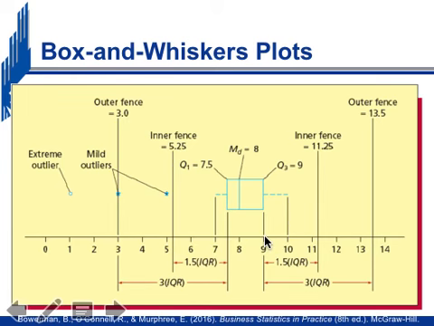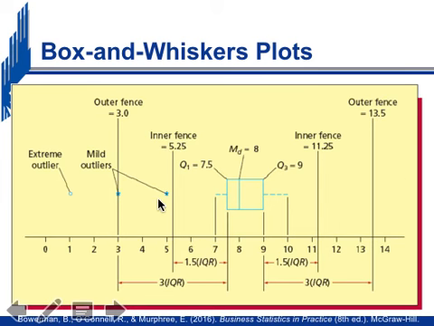While for the other side, the third quartile is 9, you will add 3 times the IQR or 4.5 to this to get the outer fence, which is 13.5. So that's how we determine the inner and the outer fences.